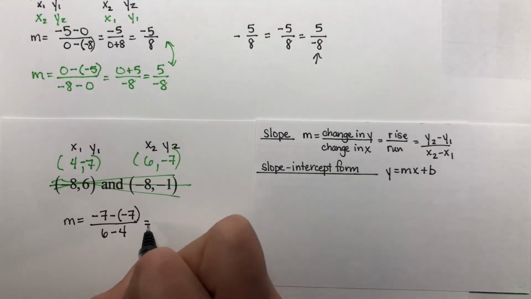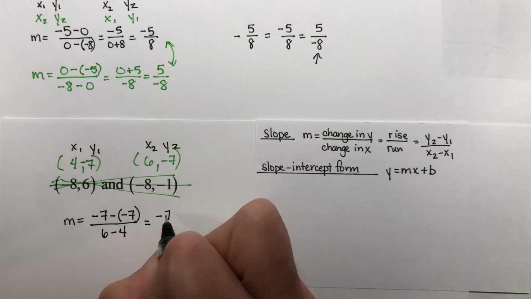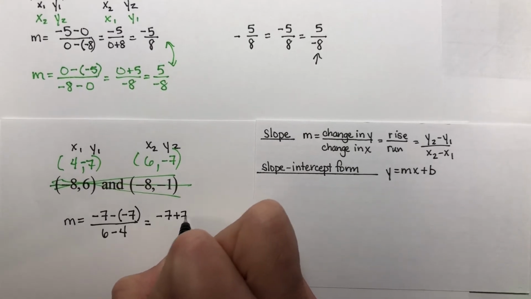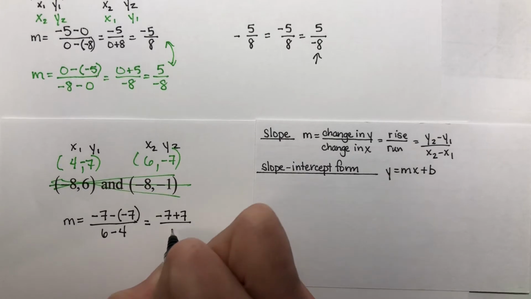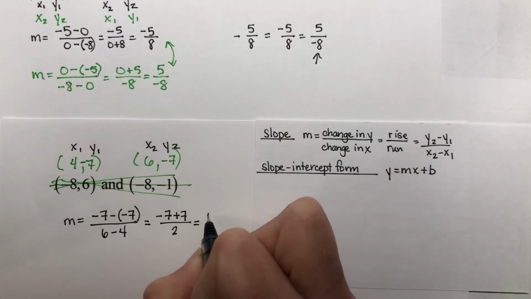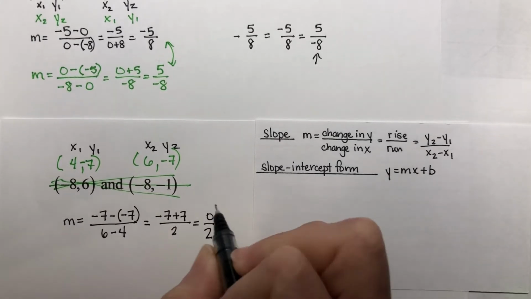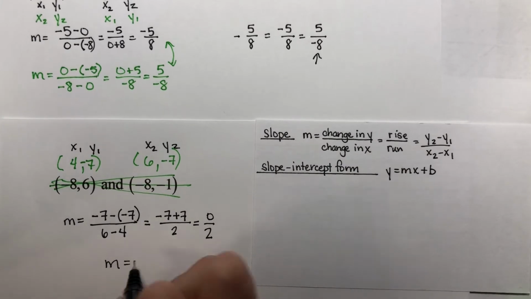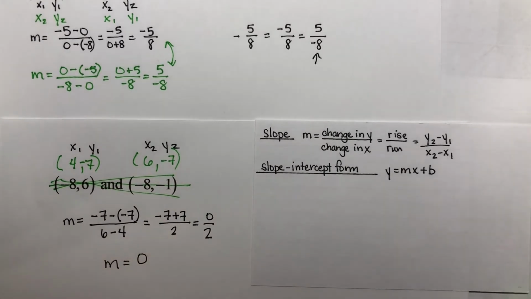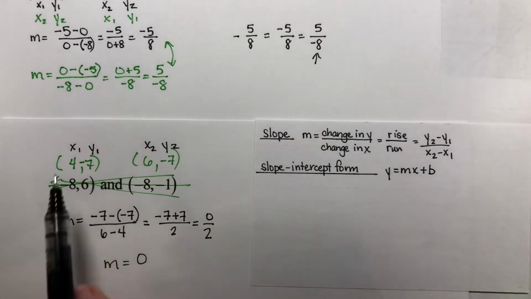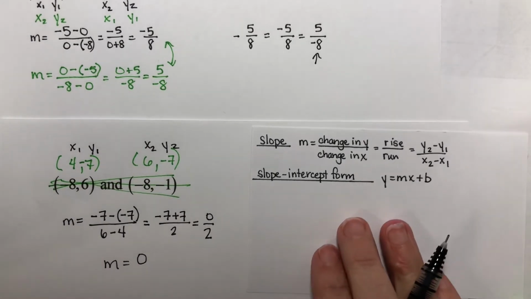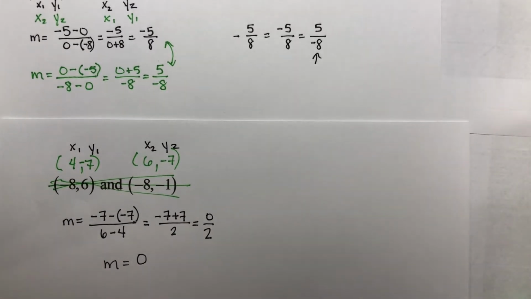So this would be -7 plus 7 over 2, which gives me 0 over 2. My slope is 0. So this would make a horizontal line. Okay, so let's continue here.